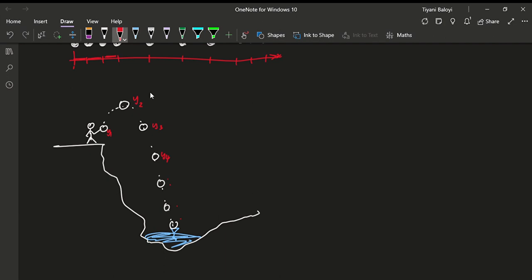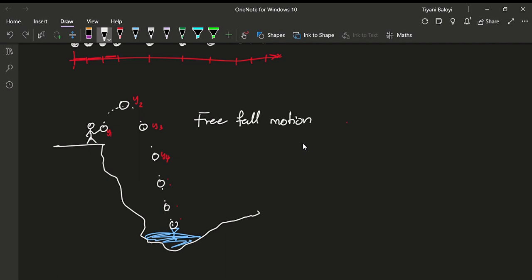So it means that somewhere we have a turning point, right? Let me just remove this. Okay, so it means that there's a point, right, where the ball stops and then comes down, right? When we look at this type of motion, we call it free fall. This is free fall motion, right?